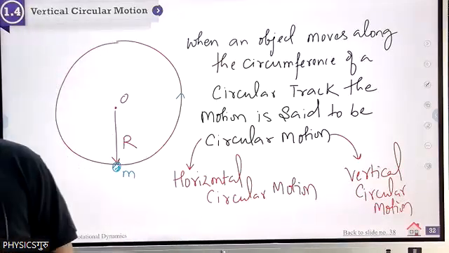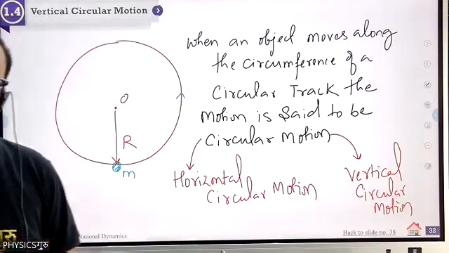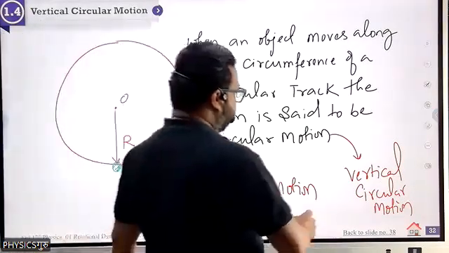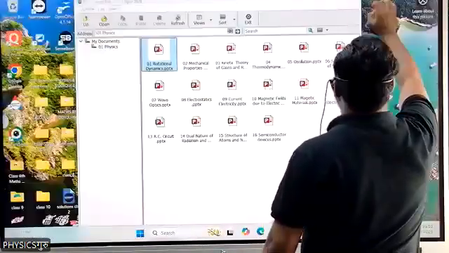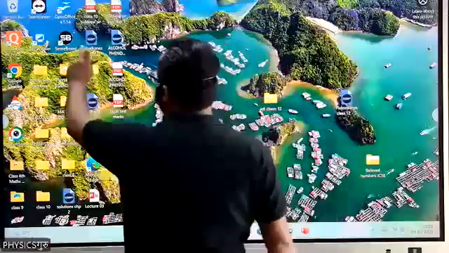Yes, copied. Yes, sir. Done. Okay. Now, we have a derivation in it, so I will do the derivation. Just pay attention, it's easy, basically.